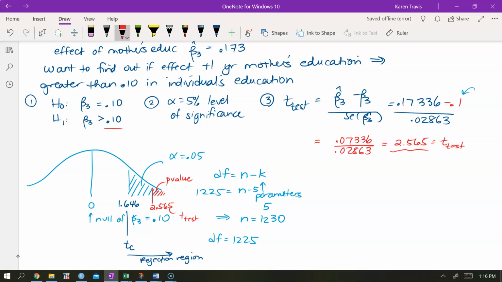But it's nowhere on the table because the table doesn't know I'm comparing to a 0.1. But just using t-test and t-critical, I can see that since t-test is in the rejection region, we reject the null at 5% level of significance.